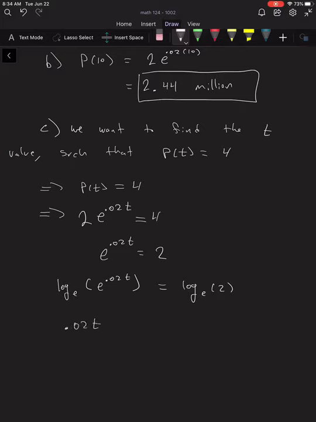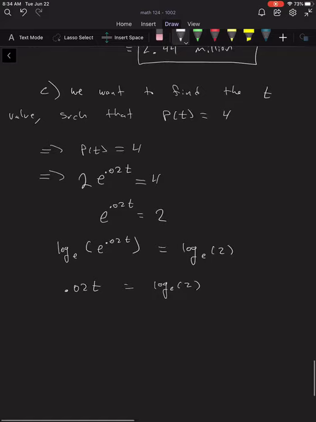And now we're left with log base e of e, which is 1, so we don't need to write it. On the right-hand side, we have log base e of 2. Remember, that's the same thing as natural log of 2. Natural log just means the same thing as log base e.